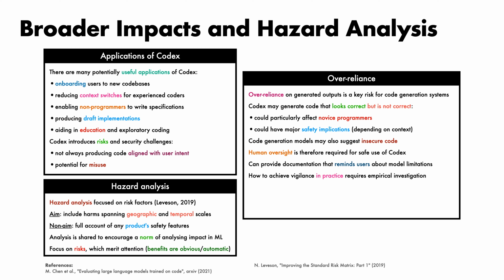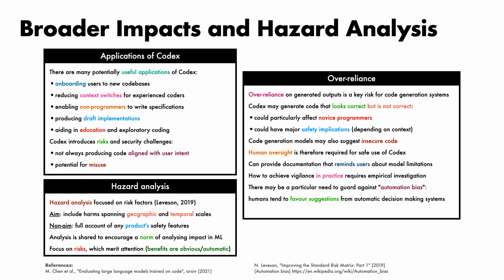There may be, for example, a particular need to guard against automation bias, which refers to the propensity of humans to assign favourable assessments to automatically generated suggestions over information that was generated without automation, even when that information is correct.